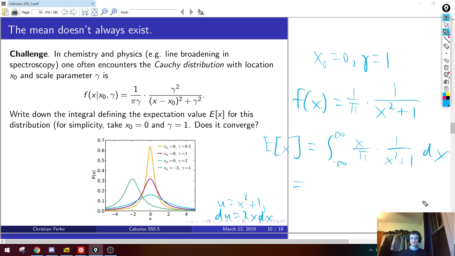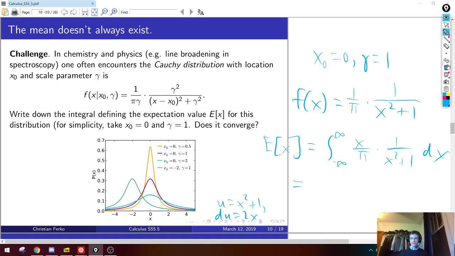It looks like by the u sub, we're going to have our integral go from infinity to infinity. Let's see, when x is minus infinity... I'm confused, so I assume it's because infinity is weird.